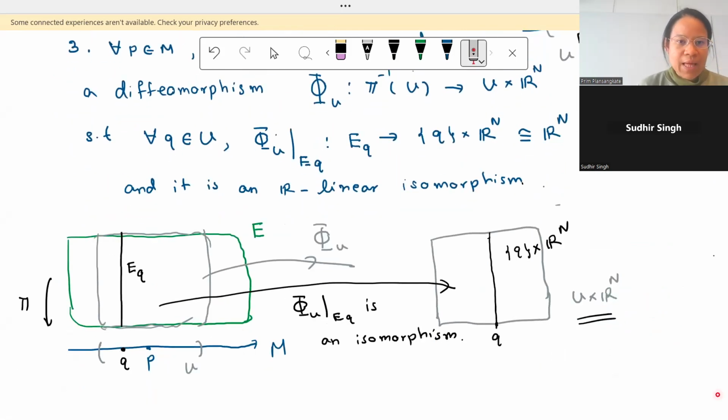It's a structure. M is a smooth manifold, E is a smooth manifold, and there is a map pi which is onto M and smooth. And then over each point in M, the pre-image under pi is a real vector space of dimension n, then this bundle is of rank n. Then we wanted that locally it looks like a product space like this, where it maps each fiber over Q to Q cross Rn, and it is an isomorphism.